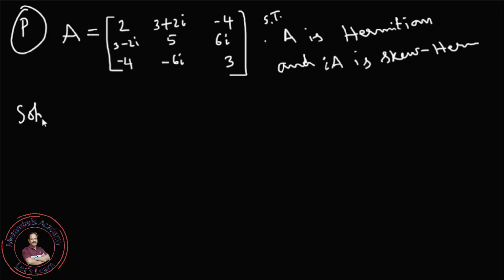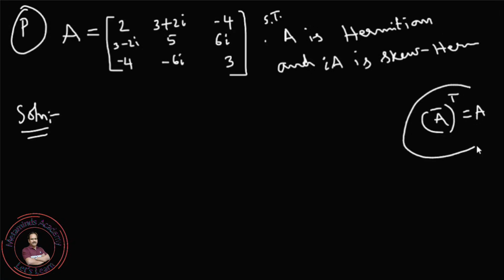So how to show? Just using the definition of Hermitian and skew Hermitian. What do you mean by Hermitian? Hermitian means A bar whole transpose is equal to A. This we need to prove.